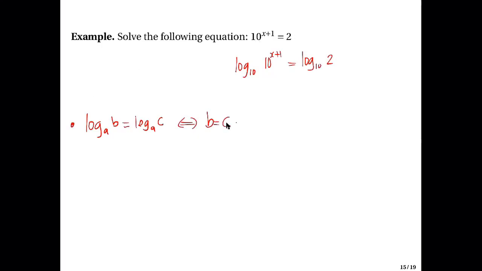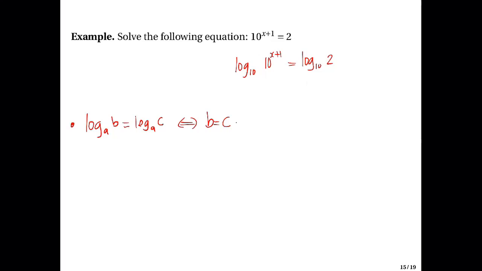And conversely, if you have two equal numbers, their logarithms with the same base are equal. So if we take the log of both sides of the equation using the same base, they must be equal.